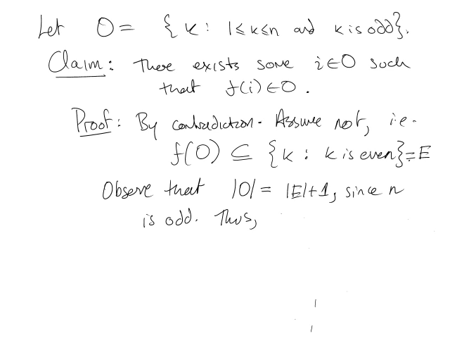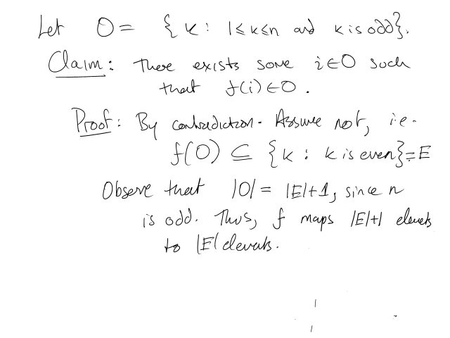So thus, f is mapping a set of size |E| plus 1 into a set of size |E|. Thus, f maps e plus 1 elements to e elements. Now this is where you apply Pigeonhole.